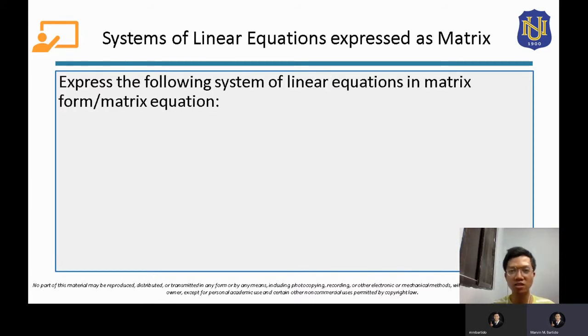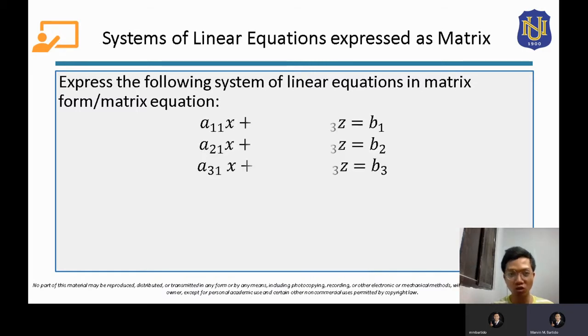Systems of linear equations expressed as matrix. We can actually express a system of linear equations into a matrix form or matrix equation. Let's say we have here this system of linear equations. These are linear equations.